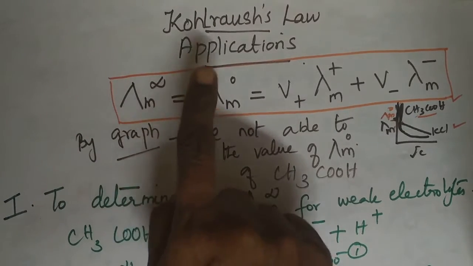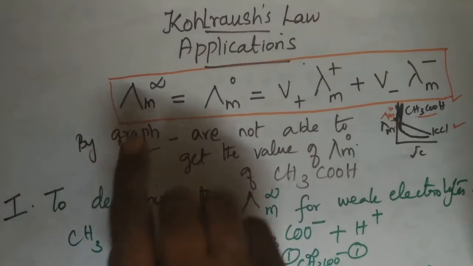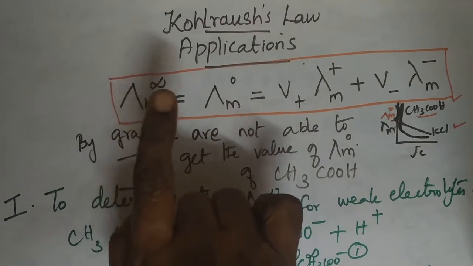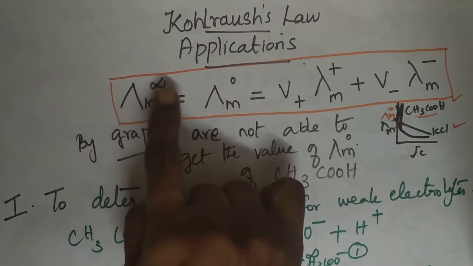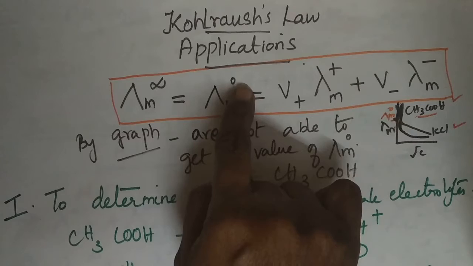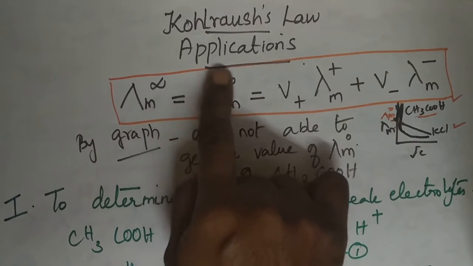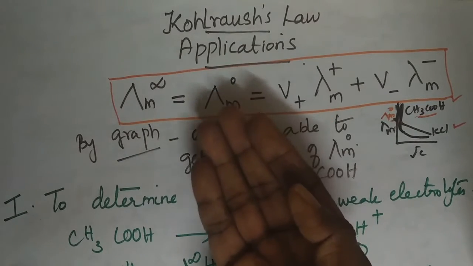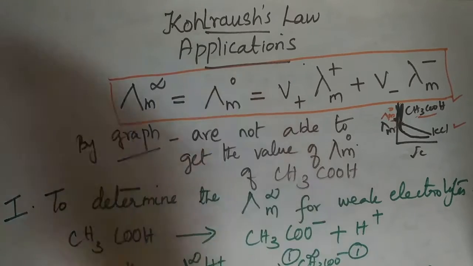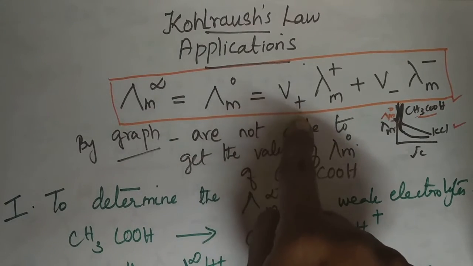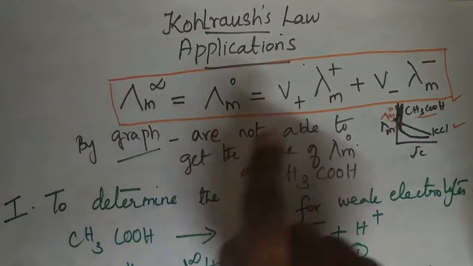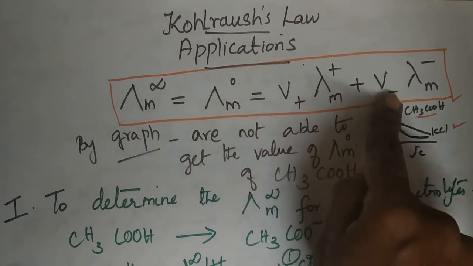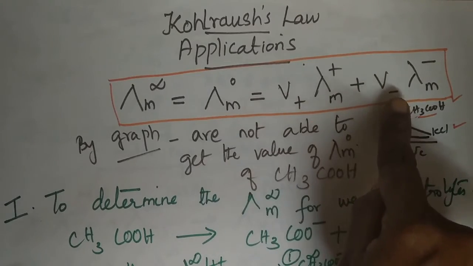What was that Kohlrausch formula? It was given by Kohlrausch. Lambda m infinity, which we can otherwise call limiting molar conductance, is equal to v plus into lambda m plus, plus v minus into lambda m minus. What are v plus and v minus? They are the number of cations and number of anions.